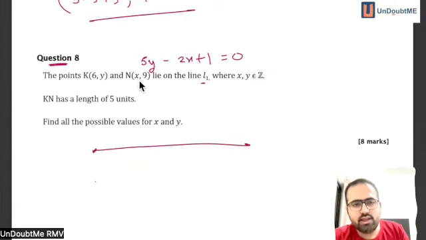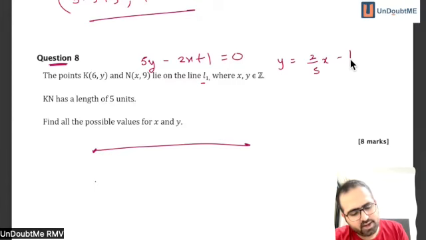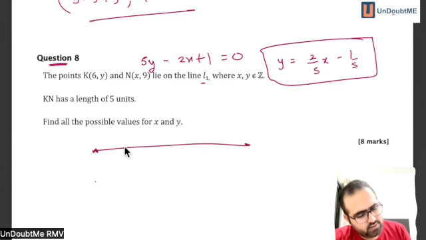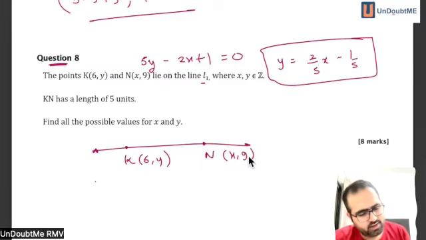So we have to use the same logic. Like over here also we wrote it in the form of y is equal to, not minus, it will be 2 by 5 x minus 1 by 5. This form you should always convert. And then on this, we have randomly some points K and N whose coordinates are (6, y) and (x, 9).